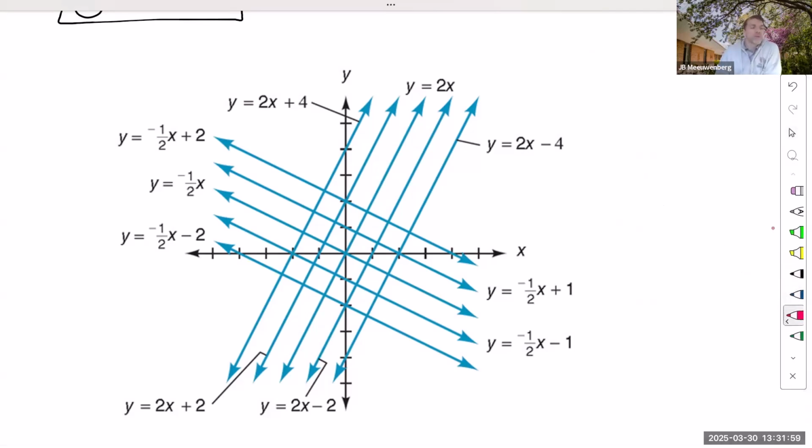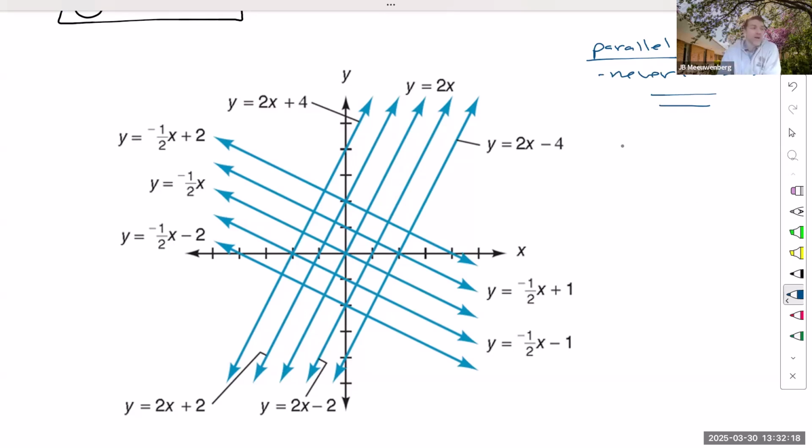So when we talk about parallel and perpendicular, we have to know what those things mean. Parallel lines, they never cross. They look like train tracks.